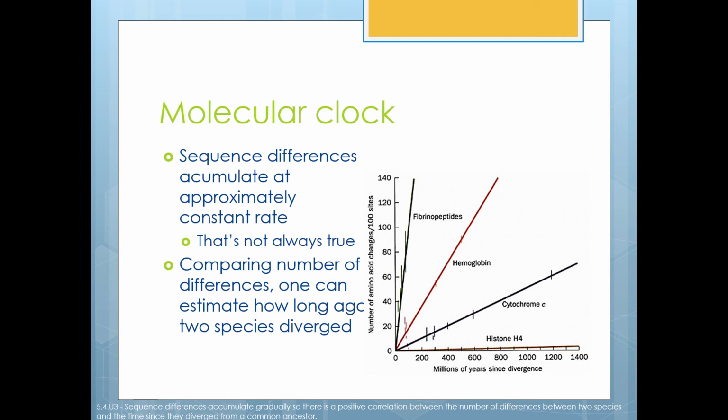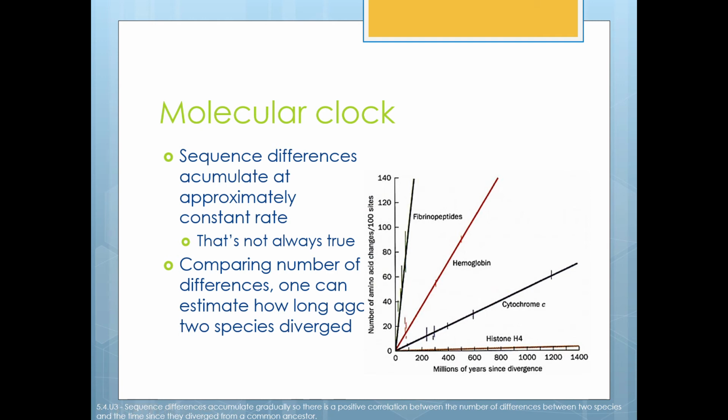Like, we take a cow and a horse, let's say, and we look at their gene of hemoglobin and compare them, and we say, oh, there are, I don't know, 20 differences between them. 20 differences in hemoglobin would accumulate in about 100 million years.